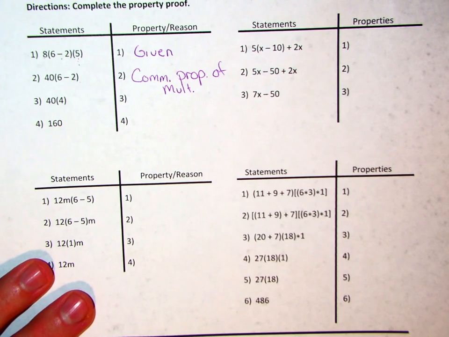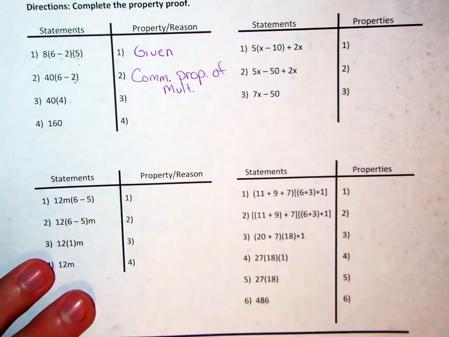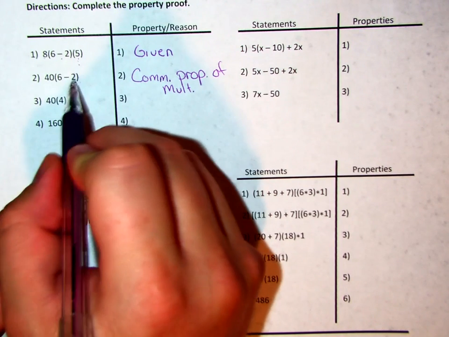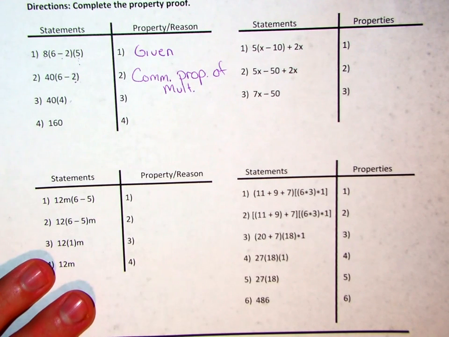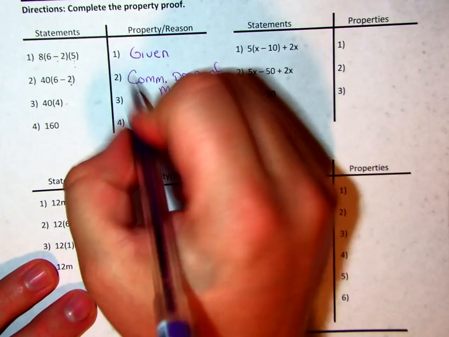And so our next step is to say, okay, what change took place between statement 2 and statement 3? Well, the only thing that really happened was the expression within the parentheses was simplified, and the simplification process took place by subtraction.